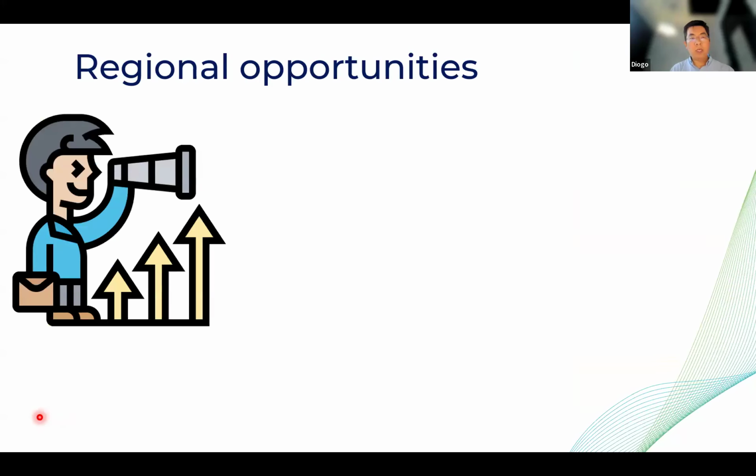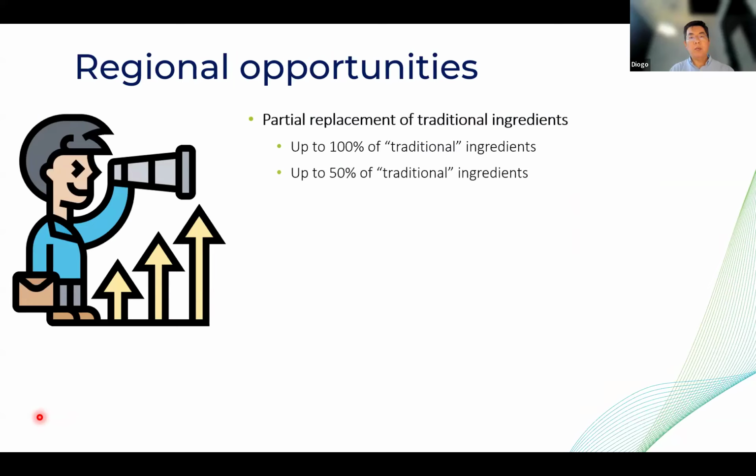So we can find some regional opportunities. These opportunities can help us replace 100% of traditional ingredients, but when that is not possible, maybe 50% of the traditional ingredients already helps.